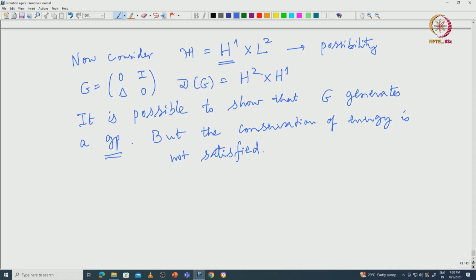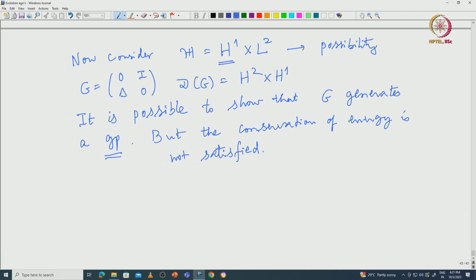The moral of the story is that there could be many choices for a certain operator with a certain domain. It can generate a semigroup or even a group, but it may fail to satisfy certain physical requirements. One should keep these things in mind while applying this abstract theory of semigroups.